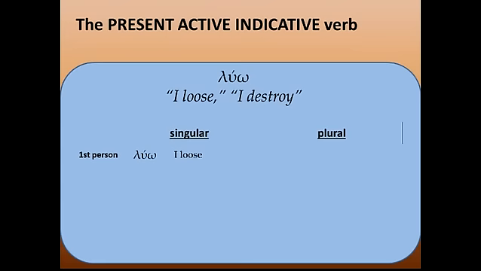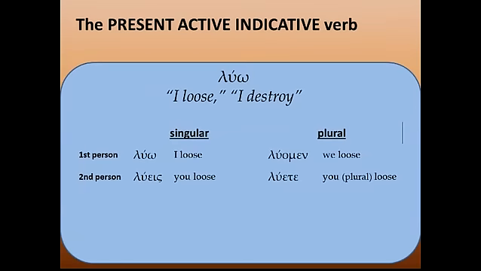The first person, luo, we've already learned, means I loose. But what if we want to say we loose? Then we would say luamen, luamen. The second person verb lues means you loose, but that is singular. If by you we mean a plurality of people, then we would say luete, you plural loose.